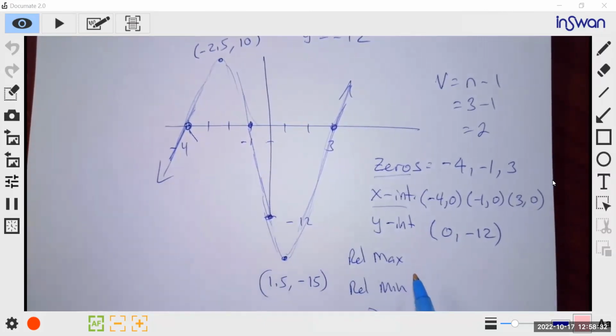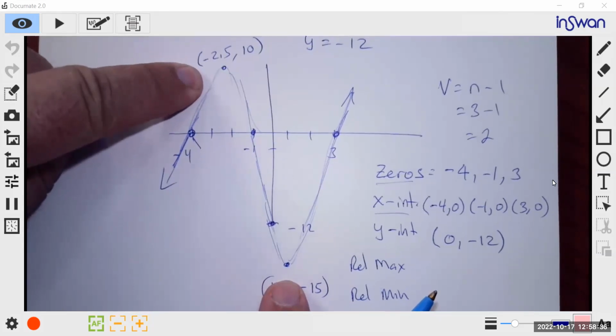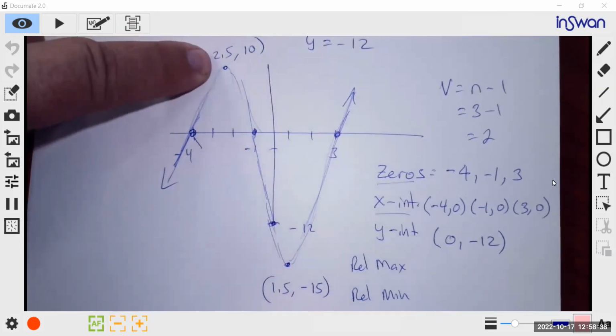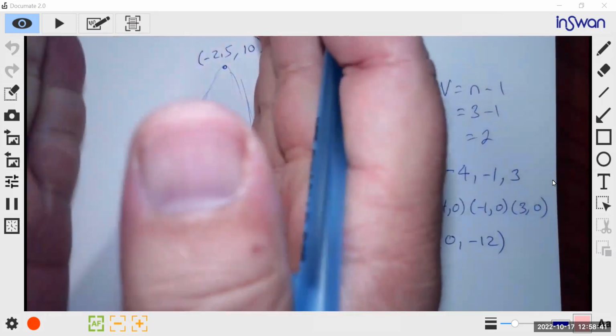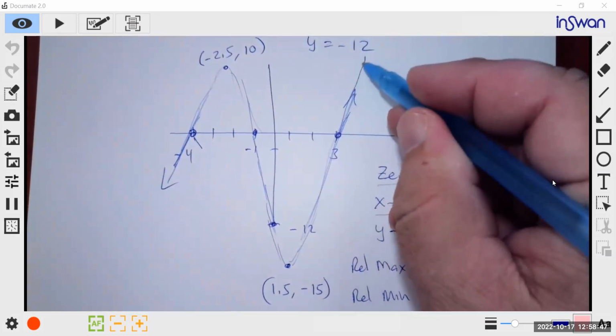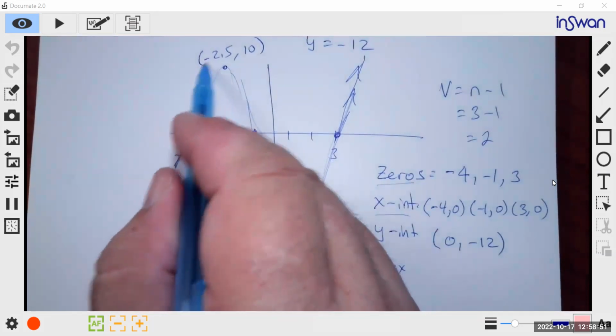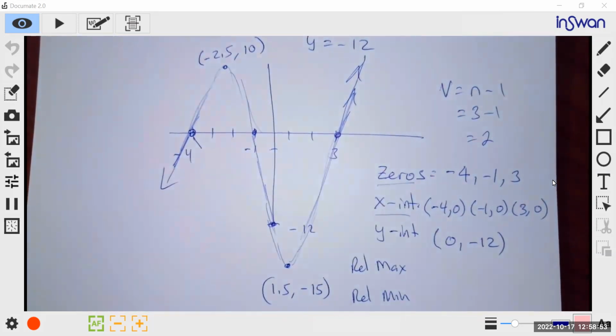The reason it's called a relative maximum is because we have two extrema points. This is the maximum only for this part of the graph. Is it the highest point of the graph? No, because it keeps on going forever that way. So this one can't be the maximum, it's only relative to that part of the graph.